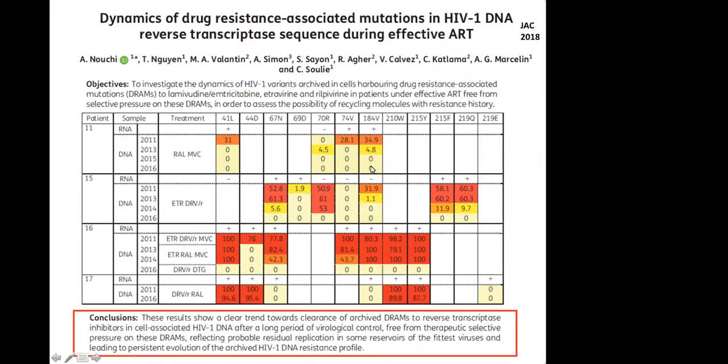And then this mutation wasn't detectable anymore in proviral DNA. But at the moment, for sure, we are not sure whether these mutations are really gone or whether they are just undetectable in proviral DNA. At least all these kinds of studies we can only do by using NGS technologies.